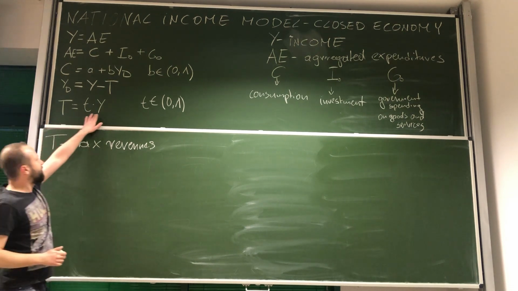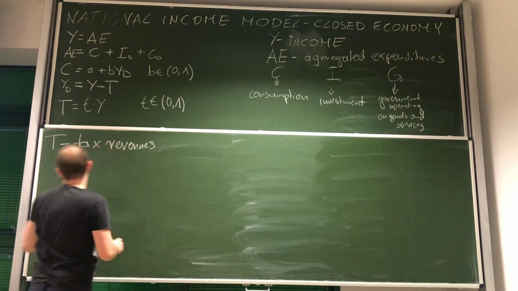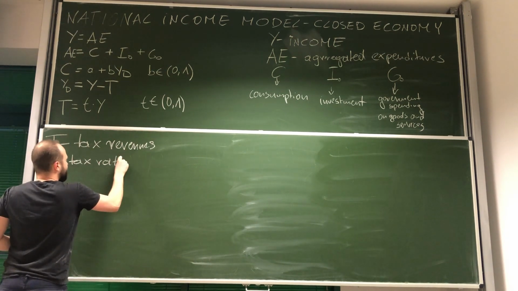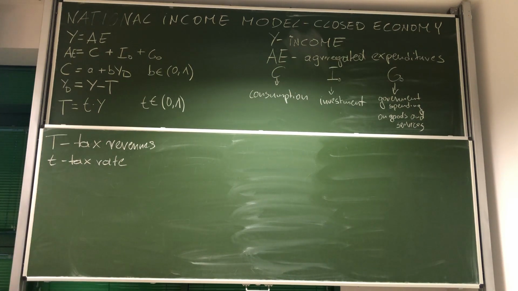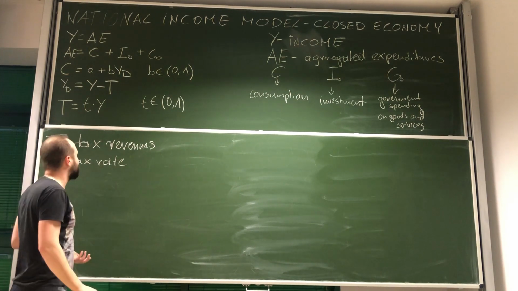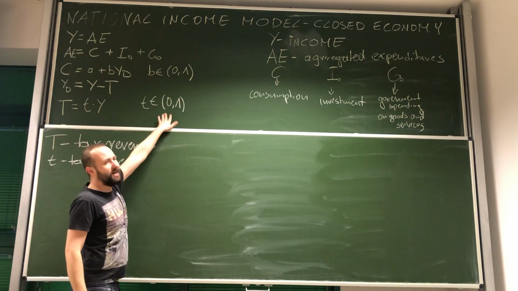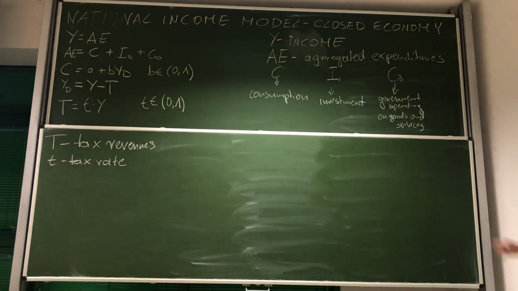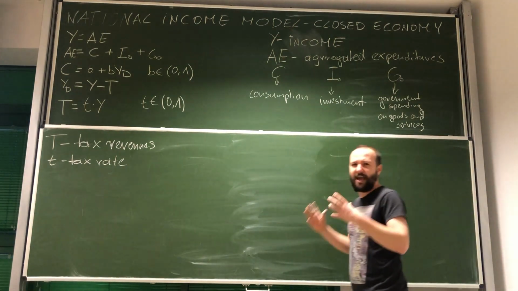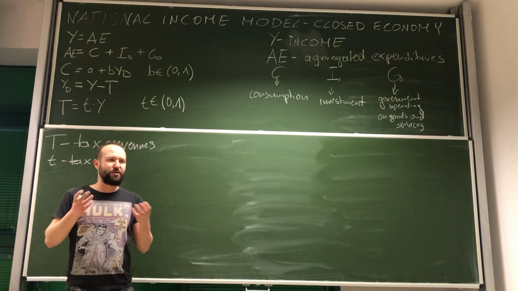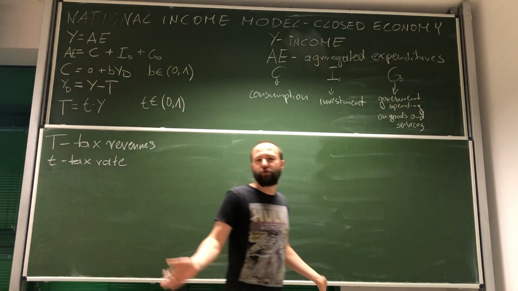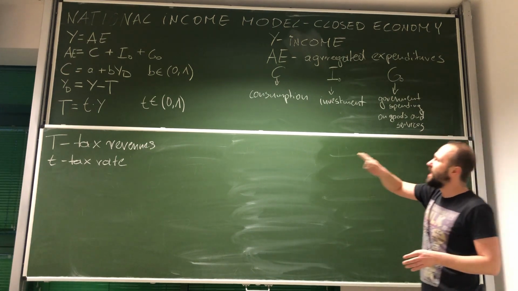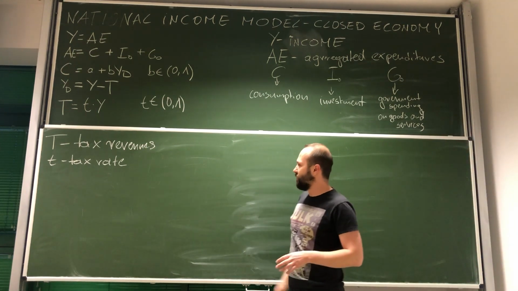Generally, we are assuming here that we've got some tax rate, t. Because it's a rate, this is a number between 0 and 1, or between 0 and 100%. We of course assume that government has some tax rate, so it's bigger than 0, but the government also does not tax everything, because if the tax were 100%, there would be no motivation to work, so nobody would be working. So we are assuming that this is a number between 0 and 1.